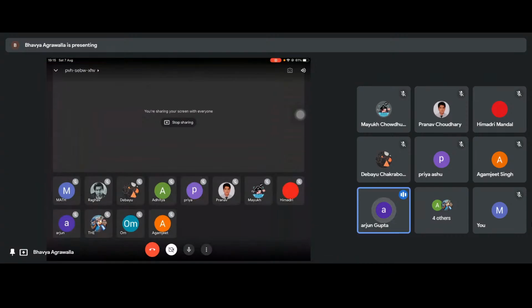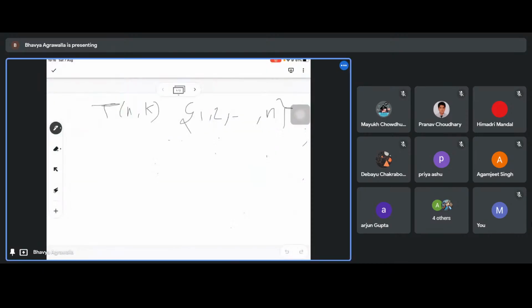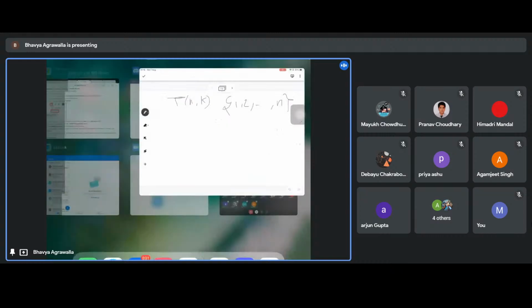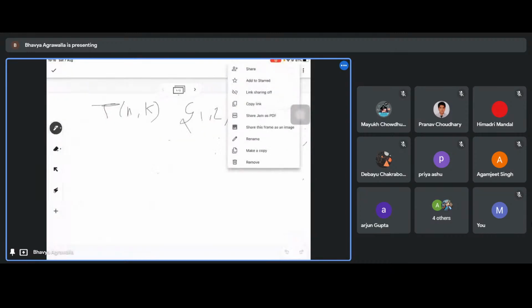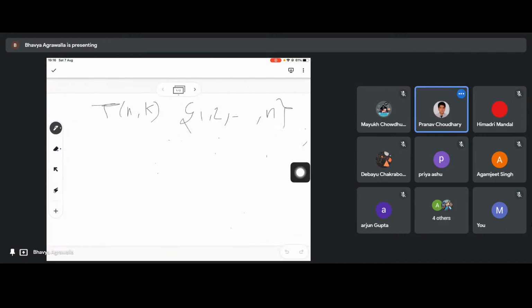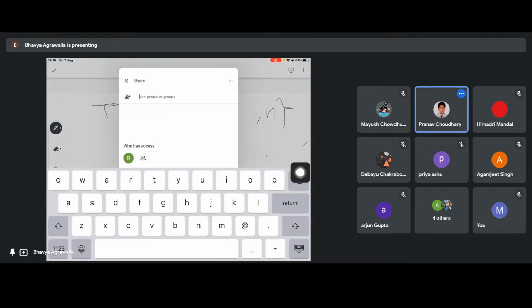You also have to give access to us. Click on the share button at the top. Now there will be link sharing.